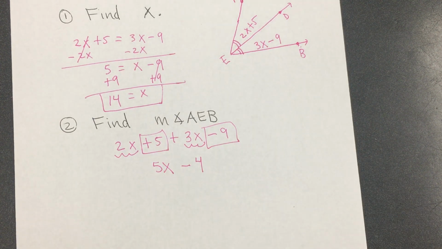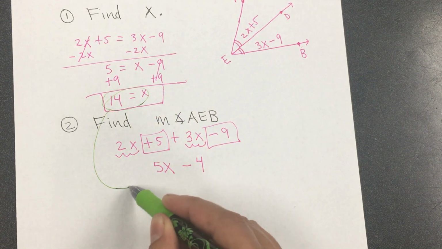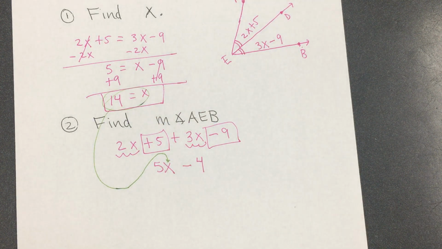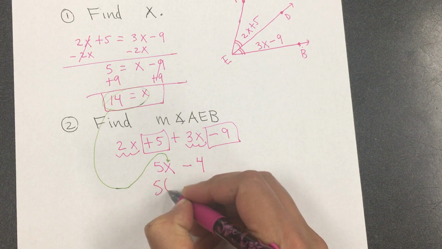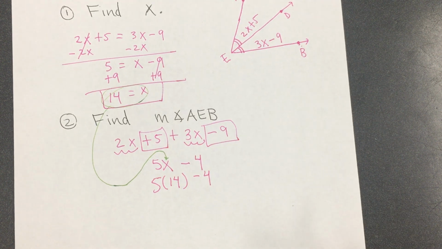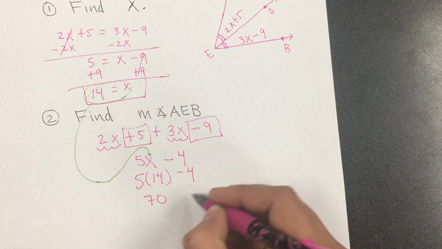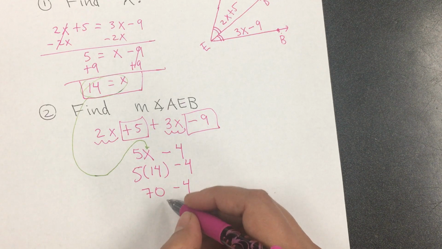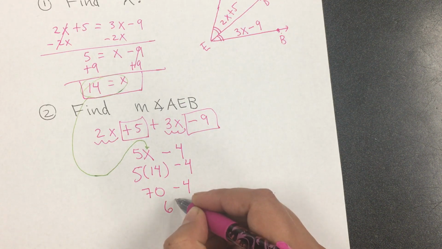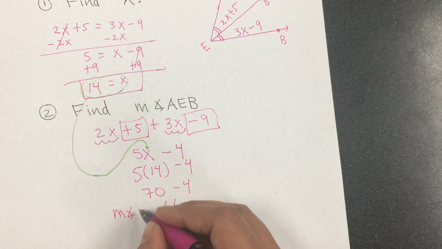Now I'm going to replace the value of x right there. So it's going to be 5 times 14 minus 4. 5 times 14 is 70, minus 4 gives me 66.